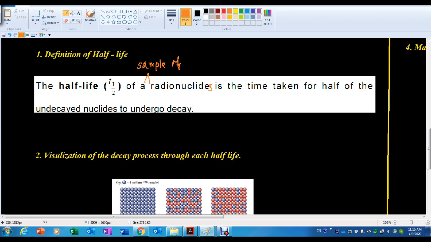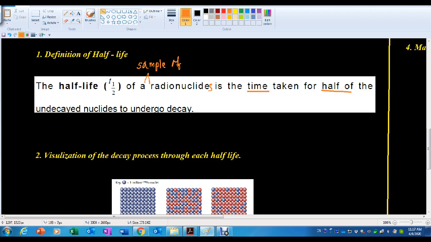The half-life of that sample of radionuclides is the time taken for half of the undecayed nuclides to undergo decay. There are a few things we need to take notice of. Time taken, so half-life is a time. Half of the undecayed nuclides, that means 1/2.